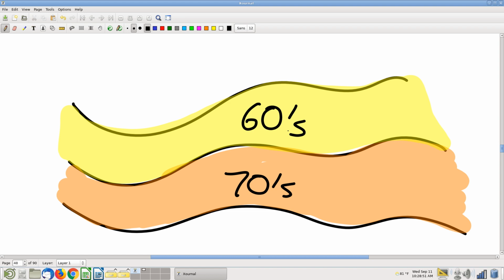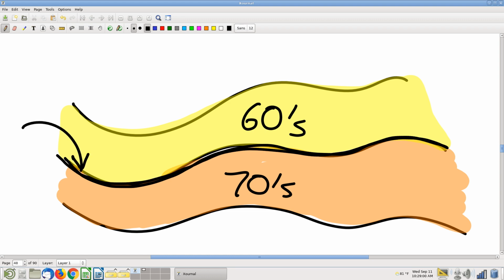So specifically, let's look at this curve right here. That curve, that's the line between the 60s and the 70s. Well, what value is it that's between the 60s and the 70s? Well, it's 70. Right? So this is where the temperature function is equal to 70. And let me write that a little bit differently.